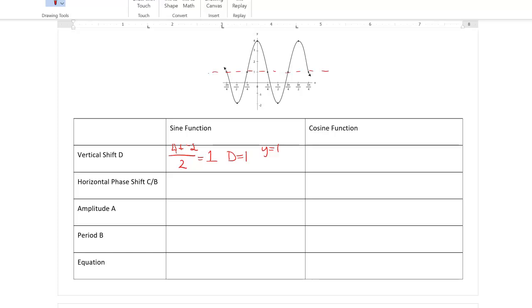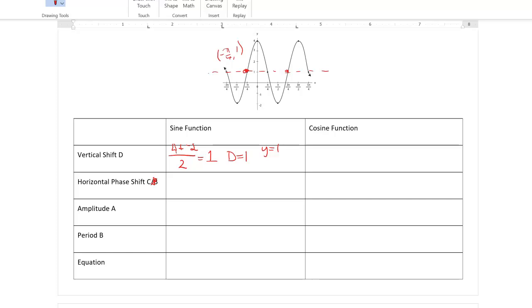Next, our horizontal shift. Our horizontal shift is our C value, not C over B, just the C value. And we have to notice that the sine graph, again, we're looking now at that midline. Where does it start? It starts here at -pi/4 and 1. So we're primarily looking at the x coordinate. Where does our sine function end?